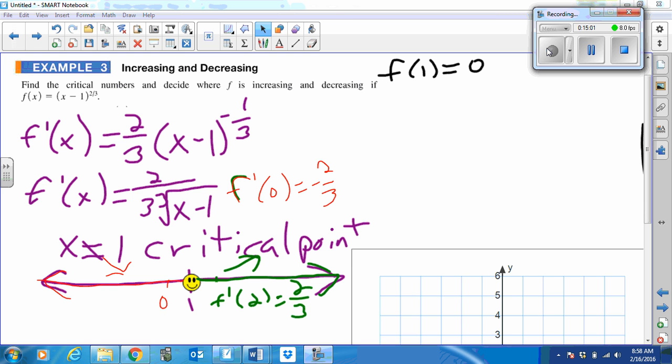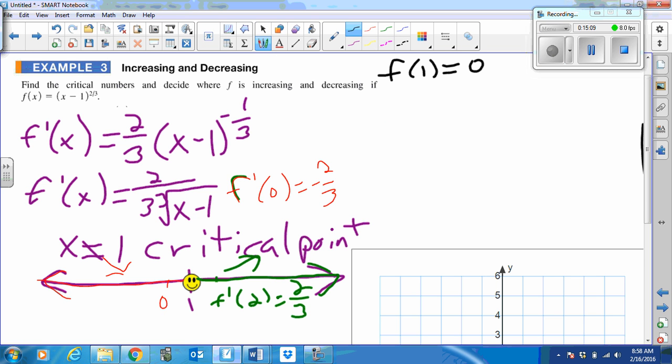Okay, sorry, I had a bad graph there that I wanted to change. And let's go ahead and plug in f of 0, just to get another good point on the actual function. So when we plug in f of 0, we get negative 1 to the 2/3. So that's going to be 2/3.